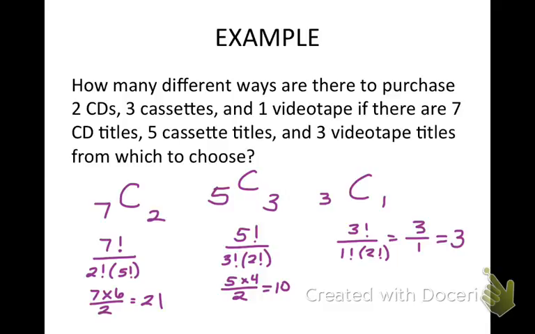So we're going to do 21 times 10 times 3. So what is that? 630. So that means I can stand outside of Bull Moose for 2 hours and figure out all 630 combinations that I can make until I found the perfect one, and I could go home a happy person.